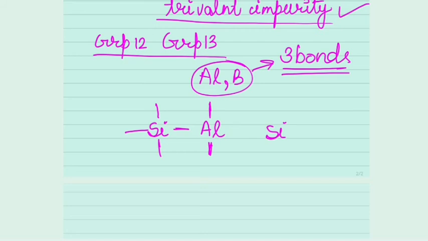So here one hole is created. This is one hole. Now, to fulfill this hole and to make this bond, the electron from the neighboring bond comes over here.